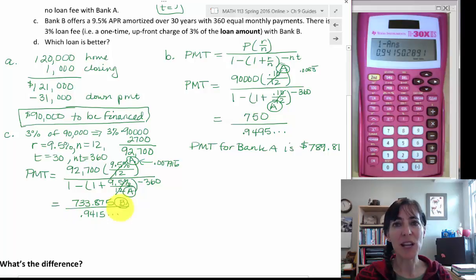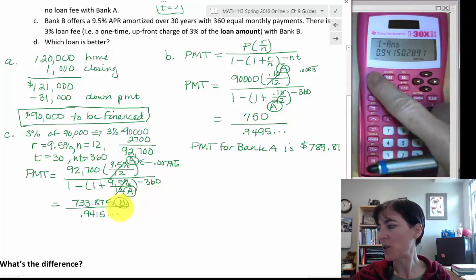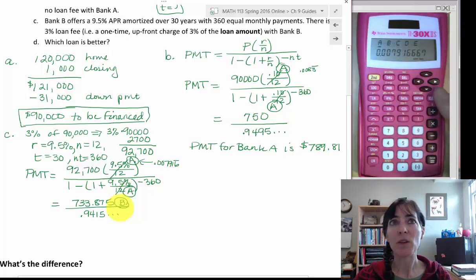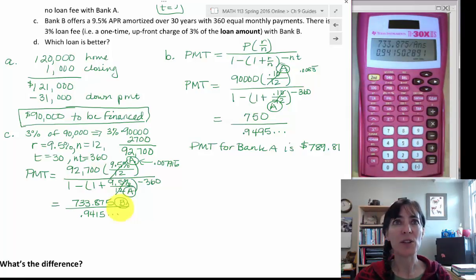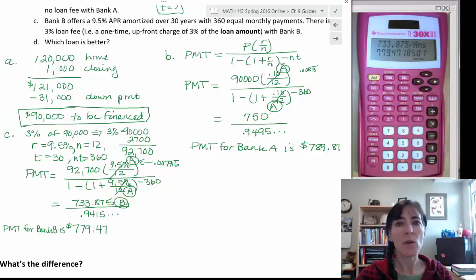Last thing is to take B divided by the answer that's sitting on my calculator, so slide over to B, divided by answer equals. So the payment for Bank B is $779.47 per month.